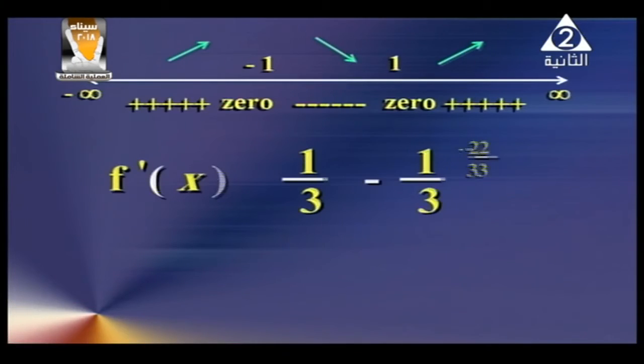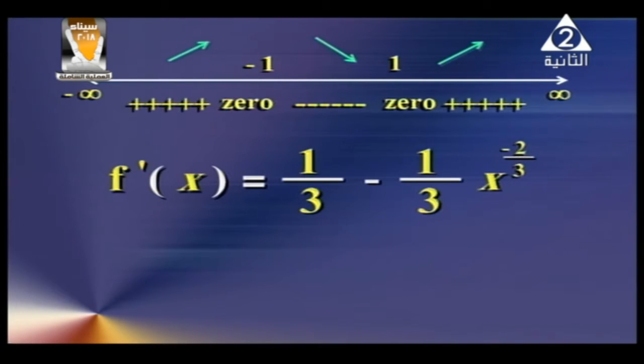Dear student, look: f'(x) equals 1/3 minus (1/3)x to the power negative 2/3. After that, we put f'(x) equals 0. Why? Because we want to find the value of x which makes f'(x) equal 0.